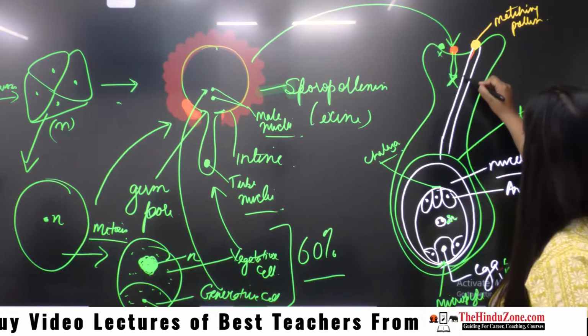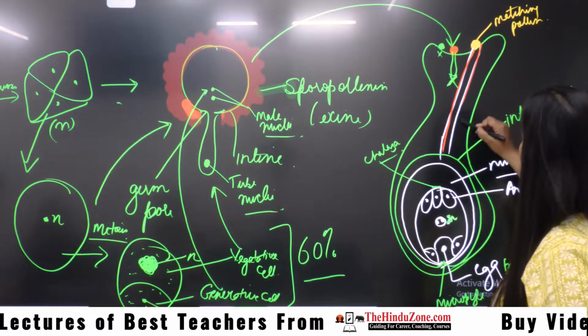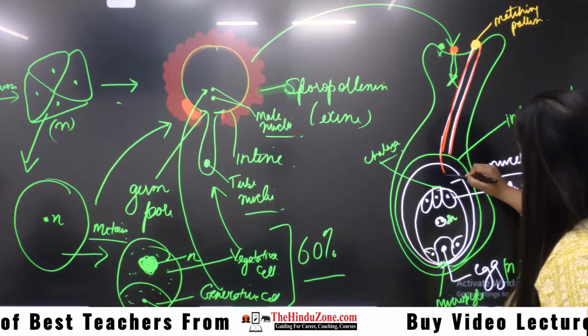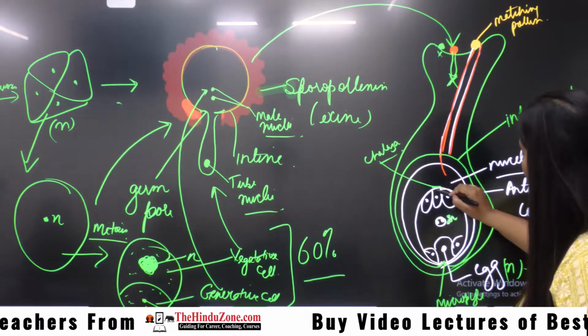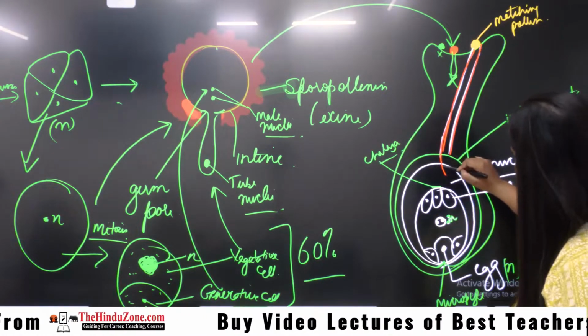Suppose this pollen tube is coming. See, this is the ball of the embryo sac, right?